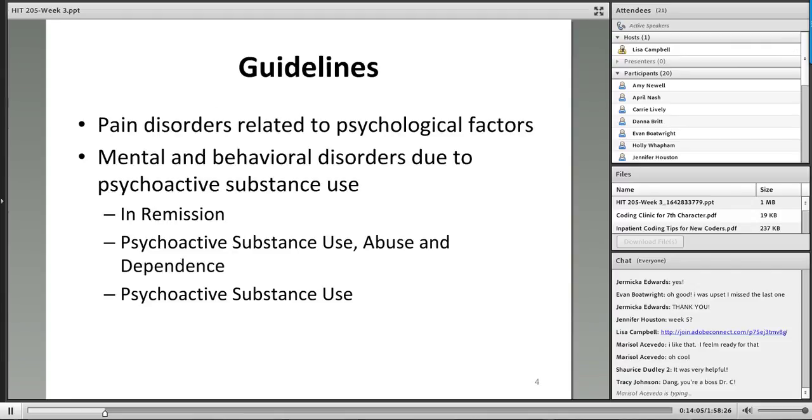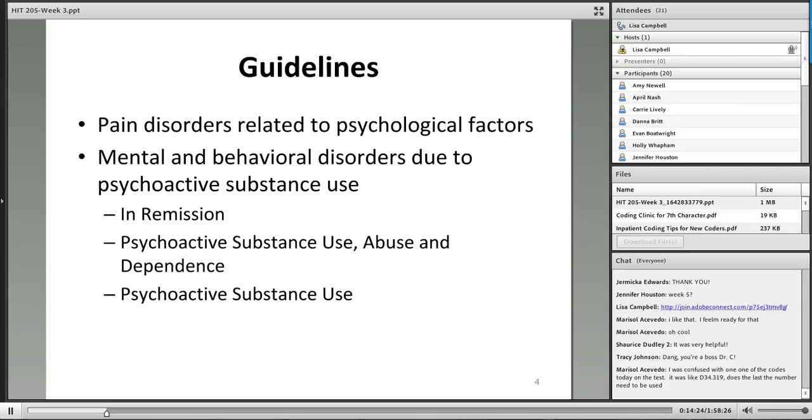So there are two major areas of the guidelines. The first is related to pain disorders related to psychological factors. And there is a note that says we are to assign code F45.41 for pain that was exclusively related to psychological disorders.